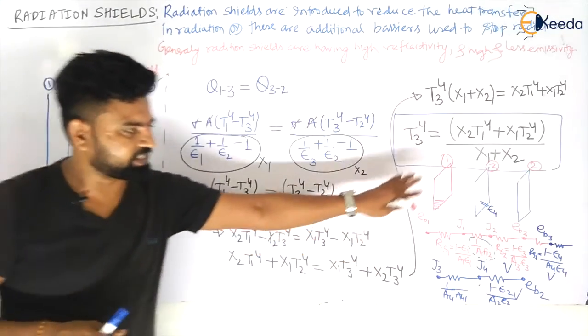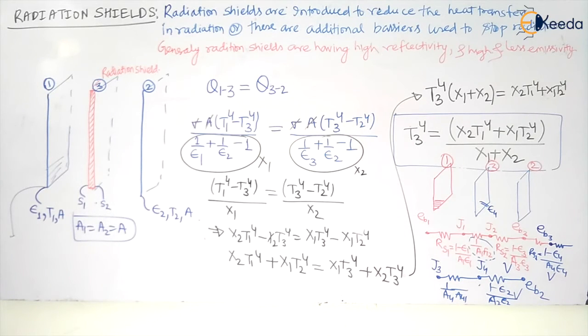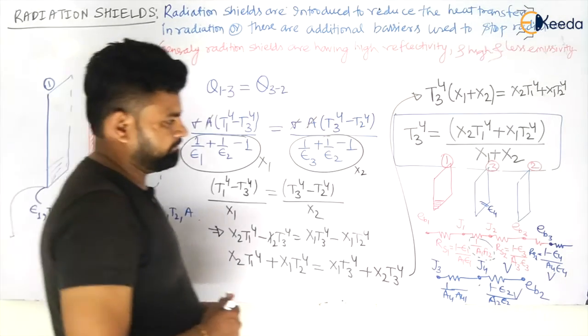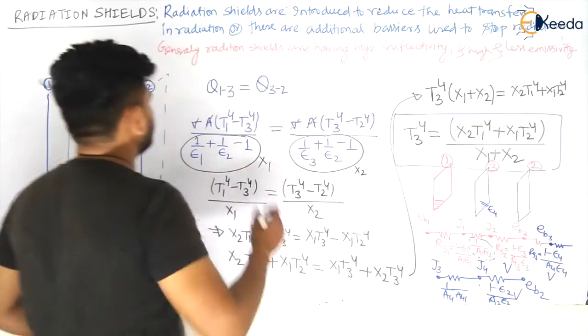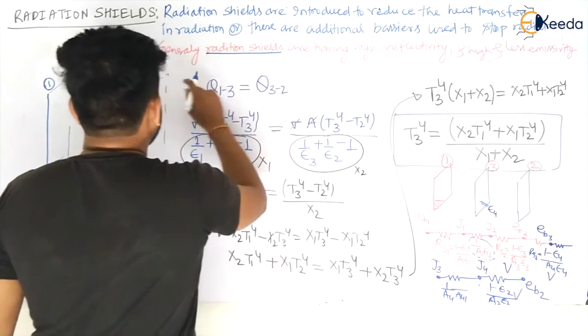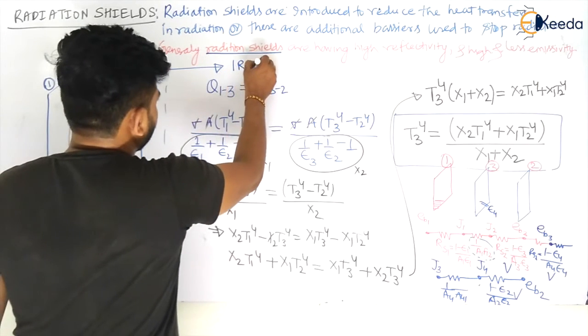So we have seen the circuit diagram for this. Now if the emissivity of all these surfaces is the same, what will happen? Let us see. So we can write somewhere, due to radiation shields, one radiation shield will be introduced.